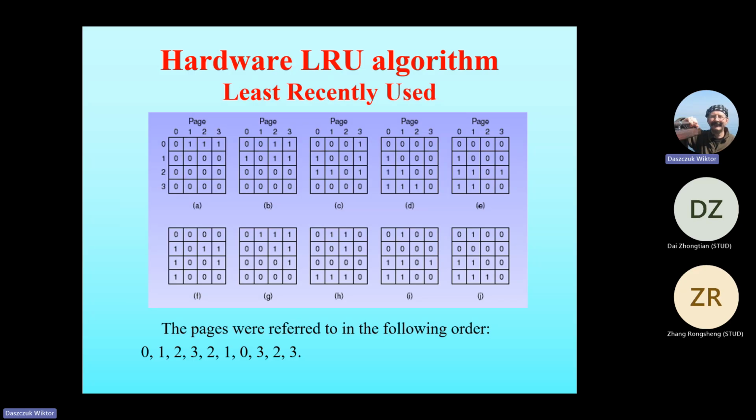Nowadays, this algorithm is not used because in this algorithm we need a matrix indexed by pages in rows and columns. If we have, for example, up to 100 pages, 100 by 100 is 10,000.